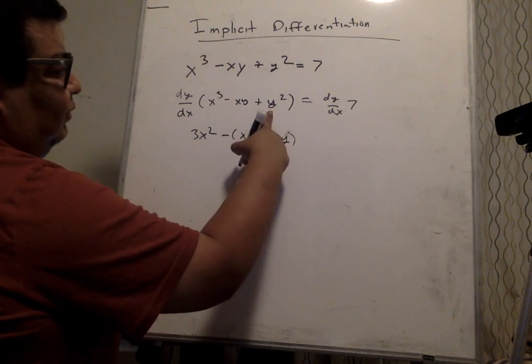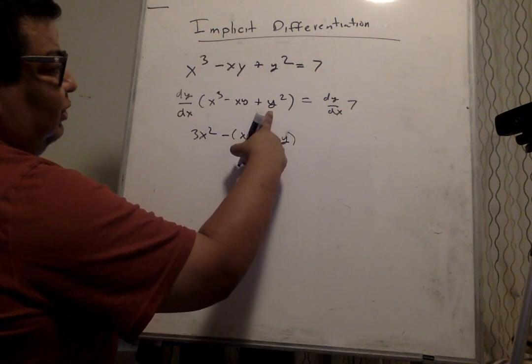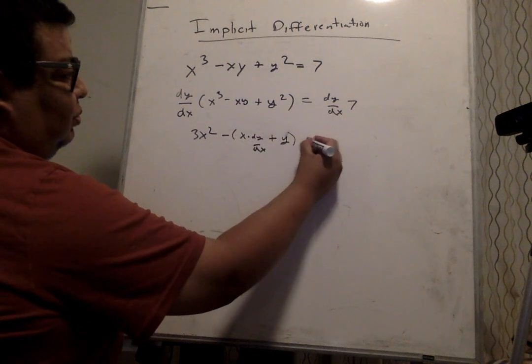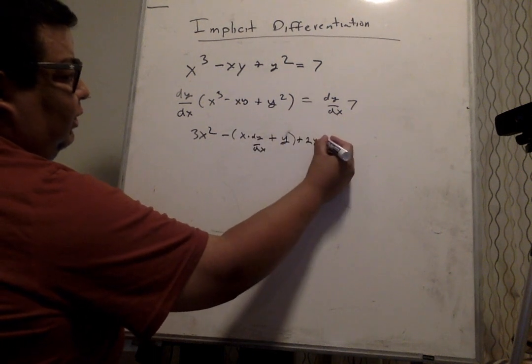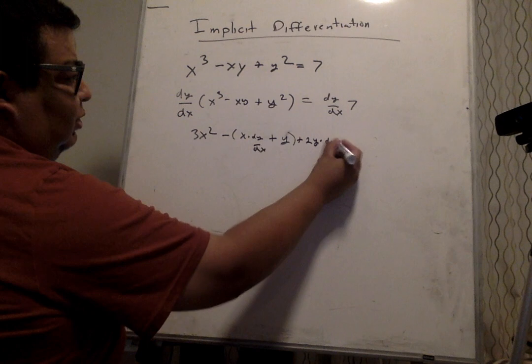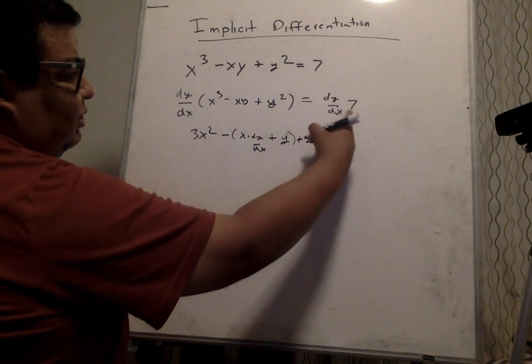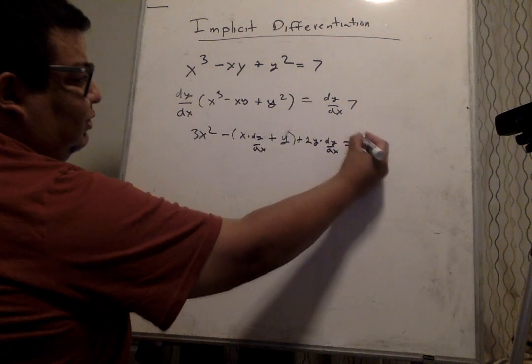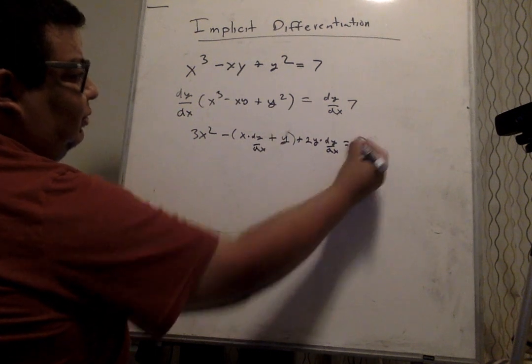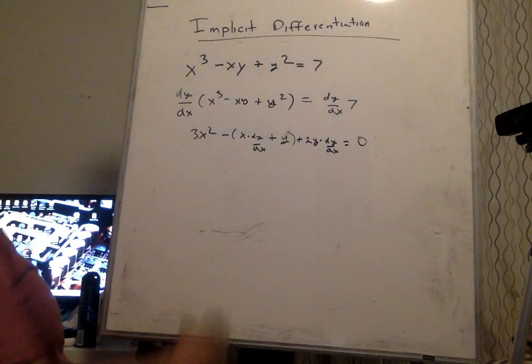Then you take the derivative of y squared in terms of dy/dx, so that's gonna be 2y times dy/dx. The derivative of 7 is a basic derivative, the derivative of a constant is just 0.